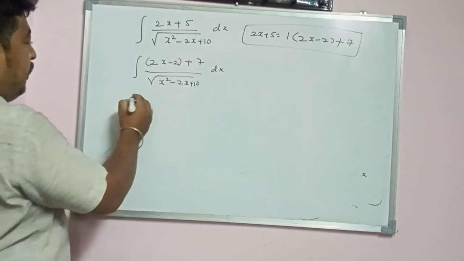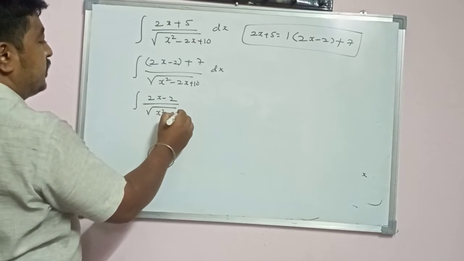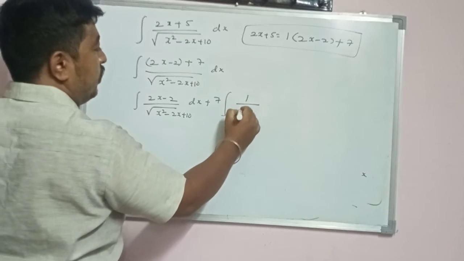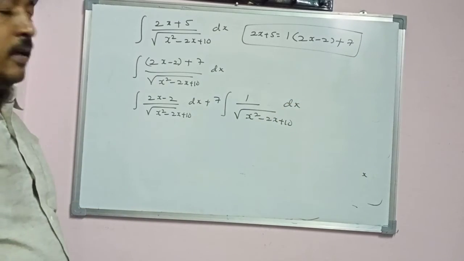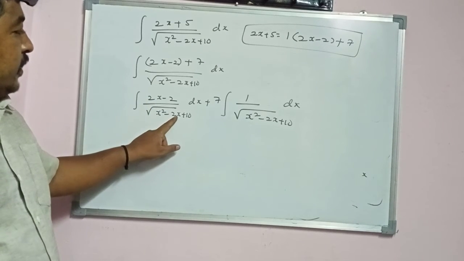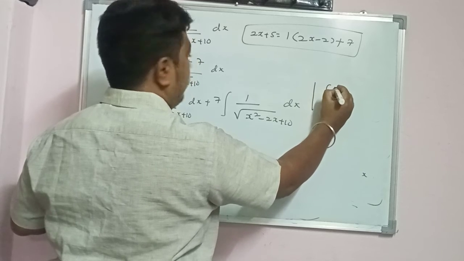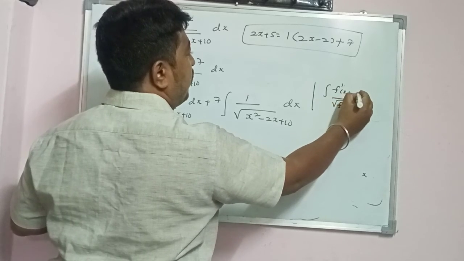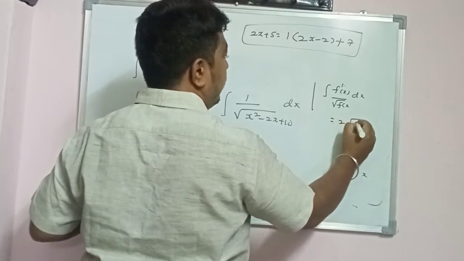Next, apply this: integration of (2x minus 2) by the square root of x square minus 2x plus 10 dx, plus integration of 7 into 1 by the square root of x square minus 2x plus 10 dx. Observe the derivative of x square minus 2x is 2x minus 2, so it is of the form integration of f dash of x by root f of x, which is nothing but 2 into the square root of f of x.